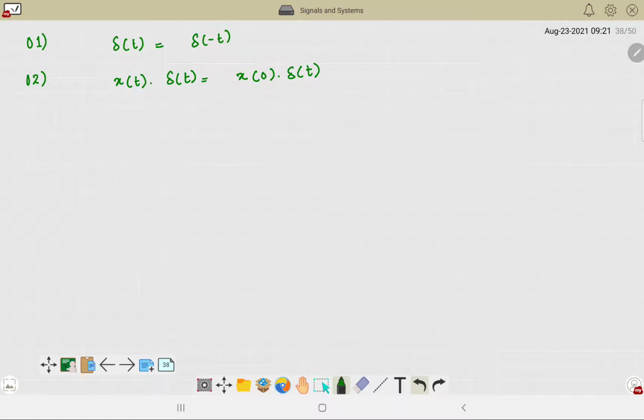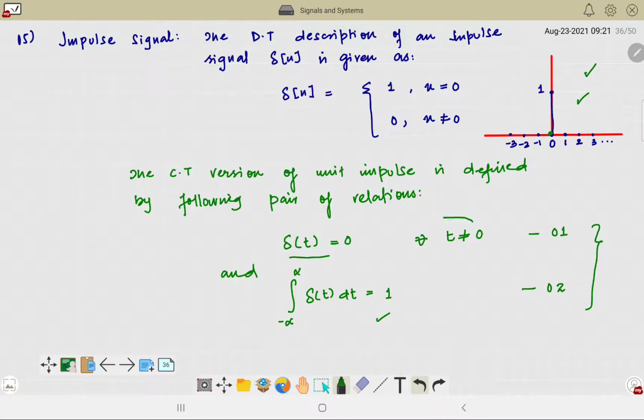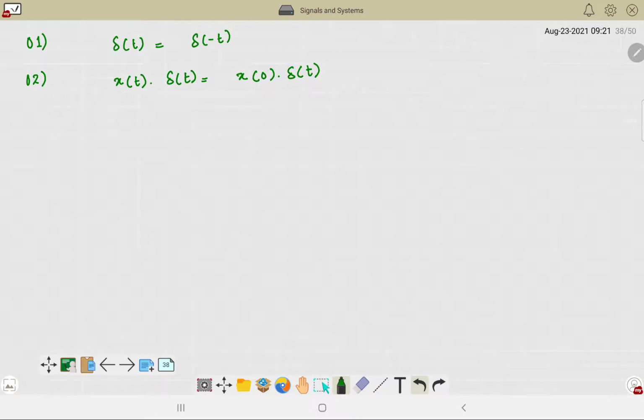So in your x of t, whatever the waveform is, whatever your signal values are outside t equal to 0, they will vanish. So it's equivalent to x of 0 delta t. Similarly, if we shift our delta function, so if I have something like this, x of t into delta t minus t naught, it will be x of t naught into delta t minus t naught.